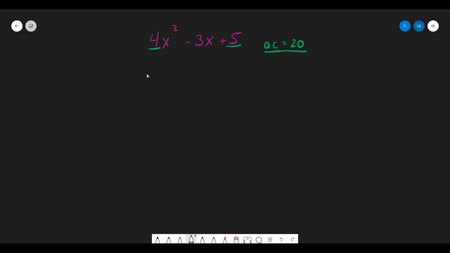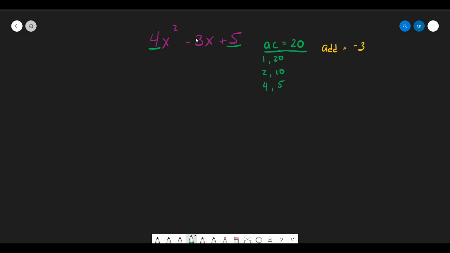So I'm going to look at all of my factor pairs of 20. So I've got 1 and 20, 2 and 10, I've got 4 and 5, and that's about it. But I do recognize that my middle term is negative, meaning I want them to add to be negative 3.